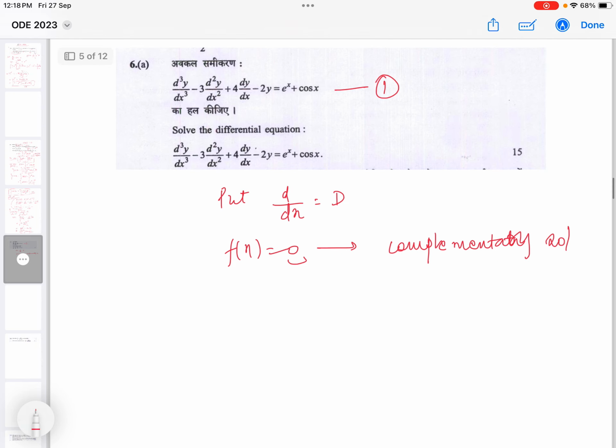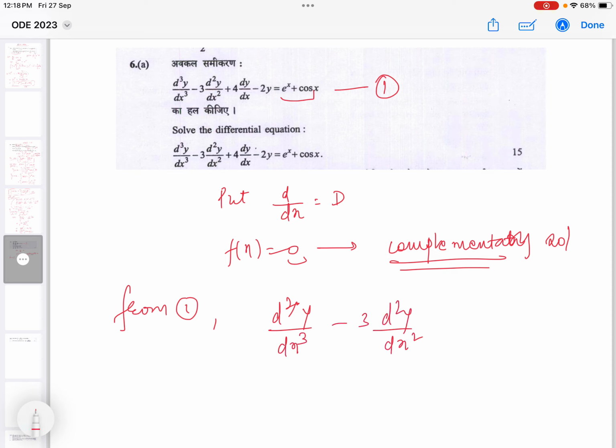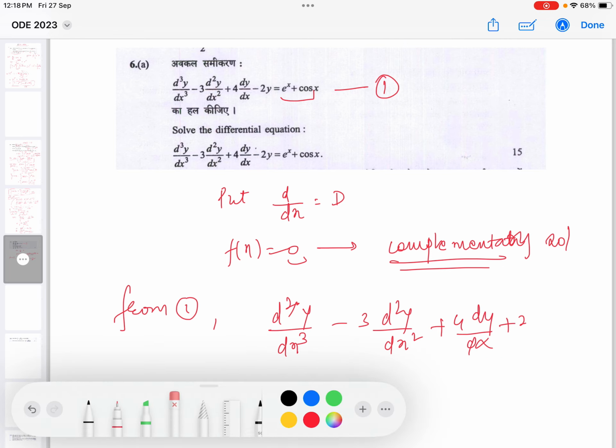So let's concentrate on finding the complementary solution. From equation 1, putting the RHS equal to 0, we find the homogeneous equation, something like this: d cube y by dx cube minus 3 d square y by dx square plus 4 dy by dx minus 2y equals 0.